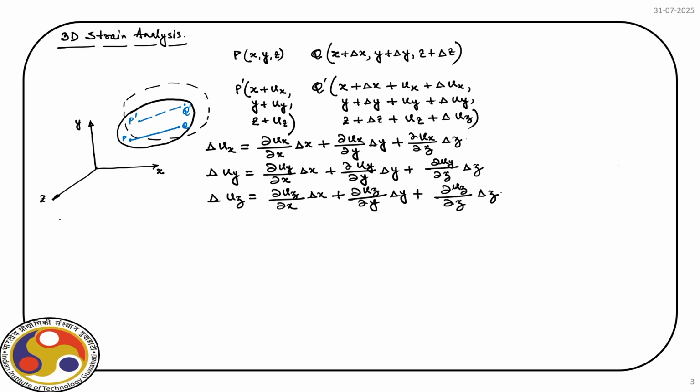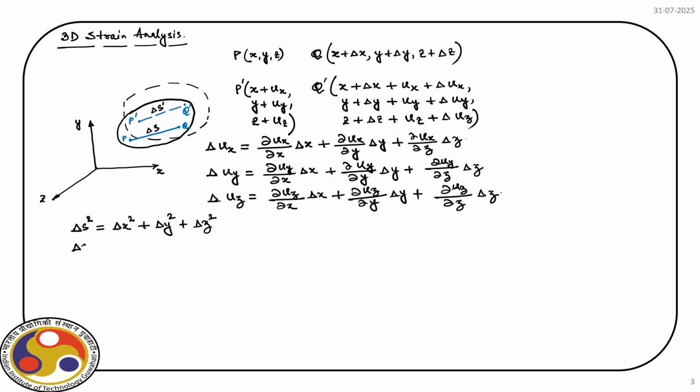So, if we have the coordinates of P and Q, then what is the length PQ, say delta S, and this is delta S prime. This we can easily quantify. So, this is nothing but delta x square plus delta y square plus delta z square, right.